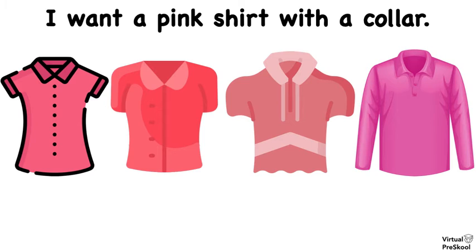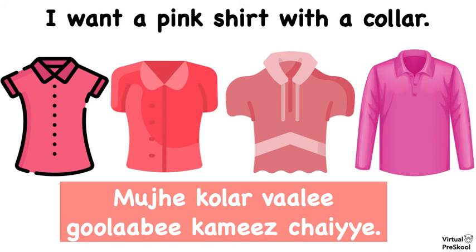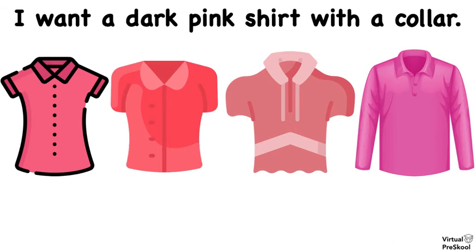Now add color. I want a pink shirt with a collar. You should know how to say this too. How would you say this out loud in Hindi? मुझे कॉलर वाली गुलाबी कमीज चाहिए. Now add a light and dark. We're going to use our light and dark vocabulary.